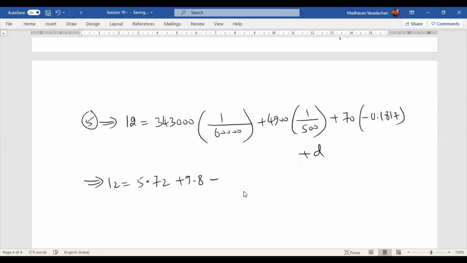Then negative 0.1817 into 70, we get negative 12.719, plus D, which means our D is 12 minus 5.72 minus 9.8 plus 12.719. Let us calculate this. We get 9.199. That is our D value.